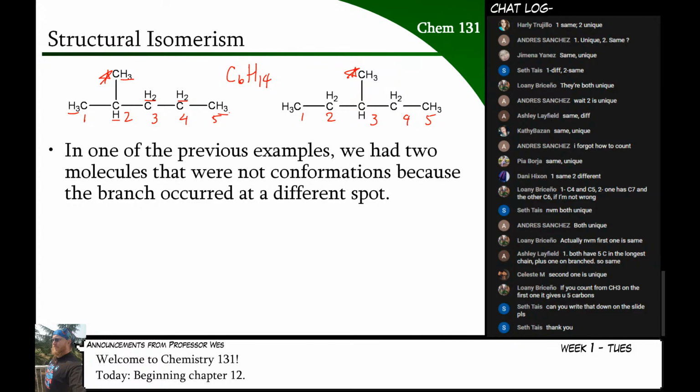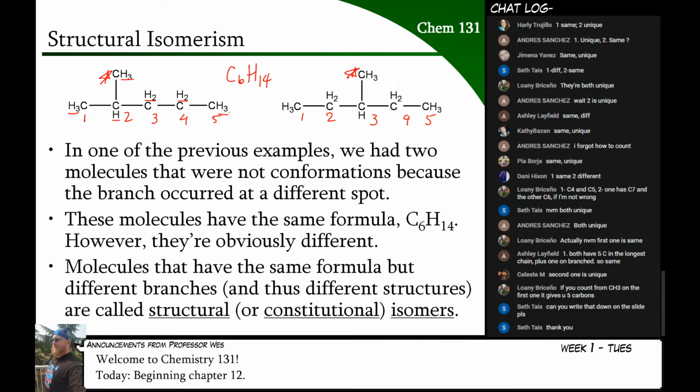Now, we said, okay, if there are 2 ways to make them, they're called isomers, but there are all sorts of different types of isomers. The first type of isomers we're going to talk about are structural isomers, which you might also hear called constitutional isomers in different textbooks.